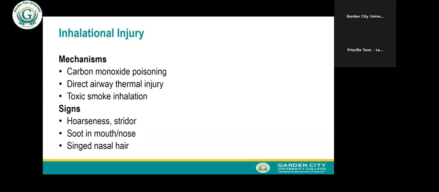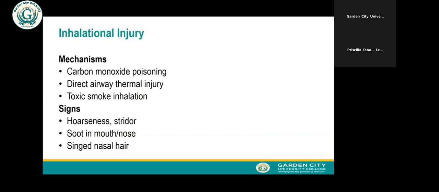There will be increasing stridor. We would see the patient having soot in the mouth and then the nose as well. The patients will be restless, they'll have difficulty in breathing, and they would spit black sputum. They call it carbonaceous sputum. When they manage to spit, it is carbonaceous, and I'm sure you know the reason why.